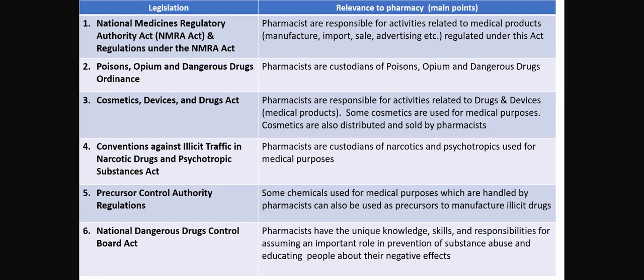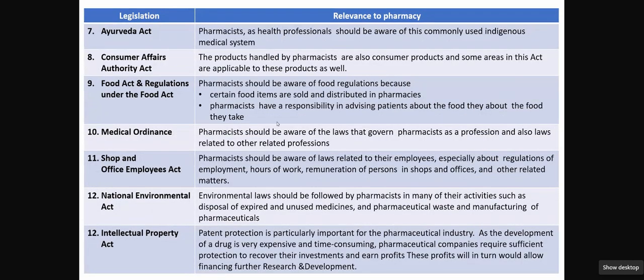And the National Dangerous Drug Control Board: pharmacists have the unique knowledge, skill, and responsibility for assuming an important role in prevention of substance abuse and educating people about its negative effects. Ayurveda Act: pharmacists as health professionals should be aware of these commonly used indigenous medical systems. And consumer affairs: the products handled by pharmacists are also consumer products, so some areas in this act are applicable.